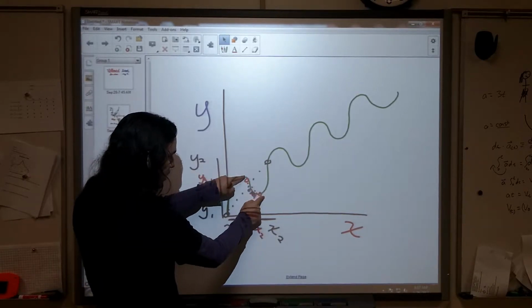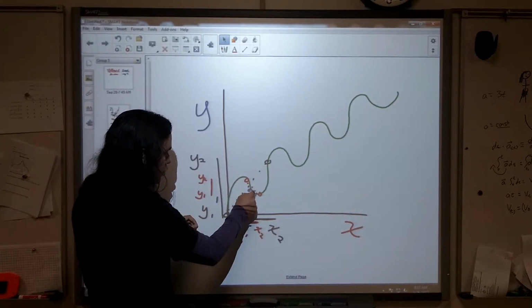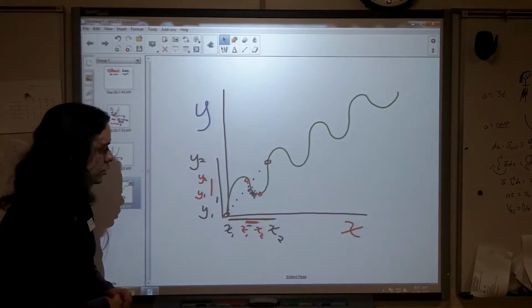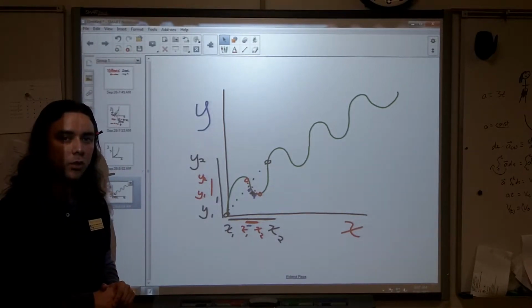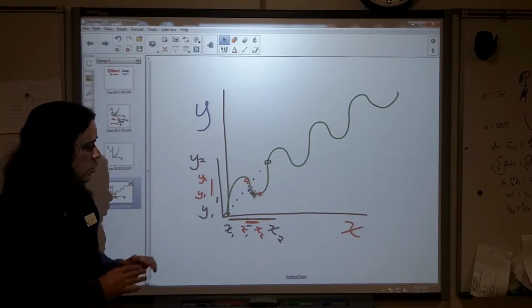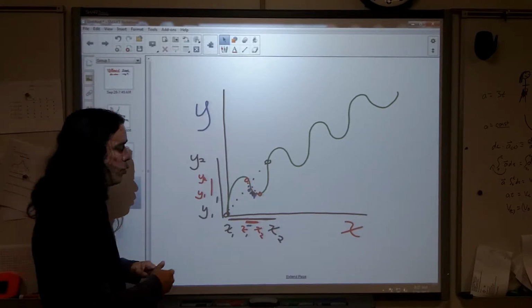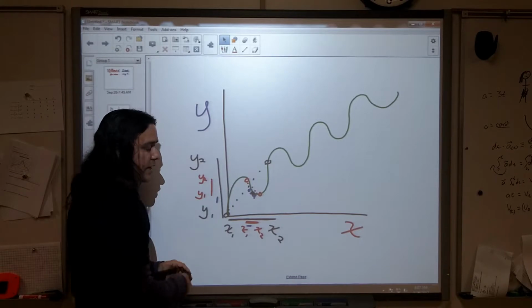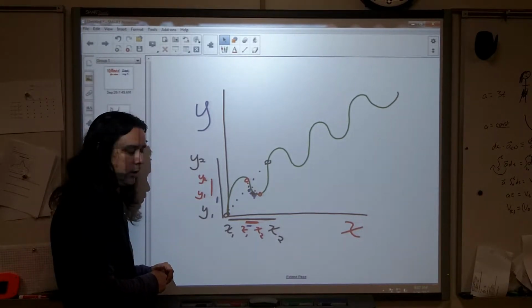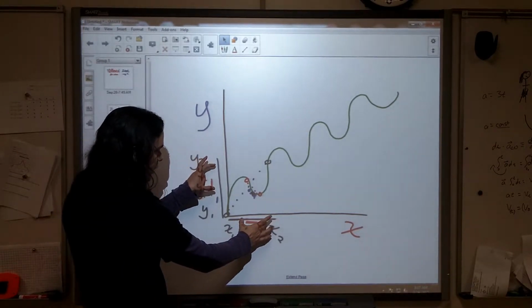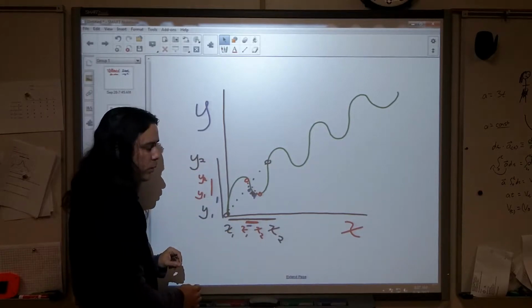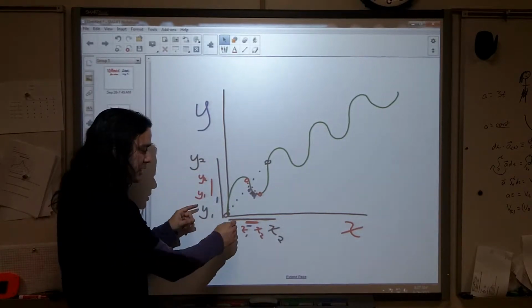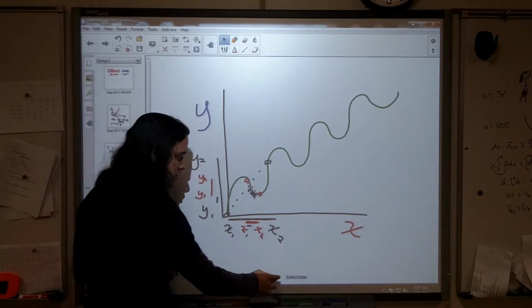But as we start shrinking these points in, we get them closer and closer, we start getting a better result for exactly what we're looking for. So I want you to think about this. How would we make this the most accurate and get the slope right at that point? What would we do? We keep getting better and better if we shrink this down. Well, we want to shrink this down until it can't get any smaller.